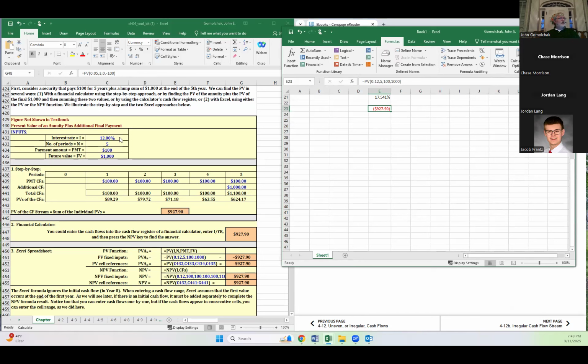But since we know that we're in an environment where the market rate is 12%, our 10% bond isn't going to be worth the full $1,000. So if we wanted to buy it, we would be able to get it at a discount because it's only paying 10%, whereas the market is paying 12. So we could have this $1,000 bond for $927.90. That worked out pretty well. Okay. So yes, that worked out nicely.